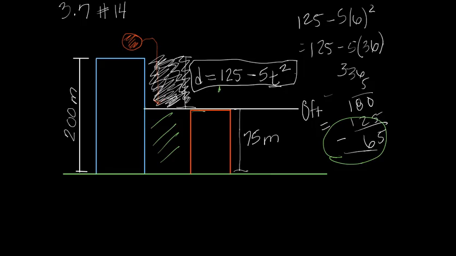So negative 65 feet means that you are 65 feet past the top of the building, which you can figure out, since the building is 75 meters tall, then 65 feet down means that you're actually 10 feet above the ground, even though the problem doesn't ask you to find that information.